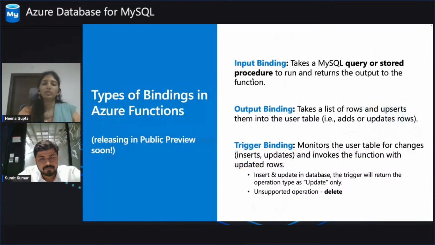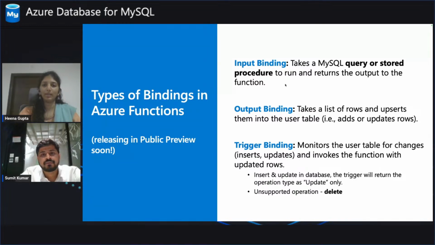Okay, so we would start with a brief walkthrough of what Azure Functions offers and what MySQL will be offering us. And after that, my colleague Sumit will walk through the demo for you. In Azure Functions, we have three kinds of bindings: input binding, output binding, and trigger binding. For input binding, we provide a query or a stored procedure to execute, and it returns the output to the function.